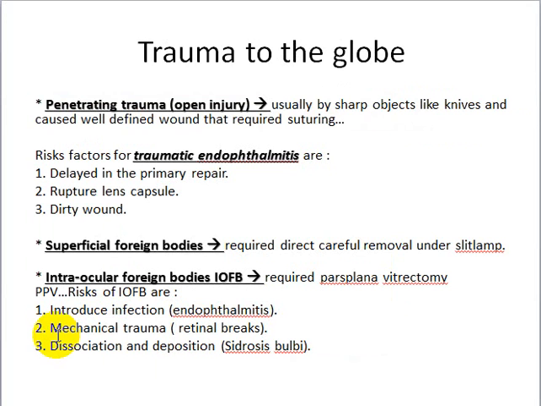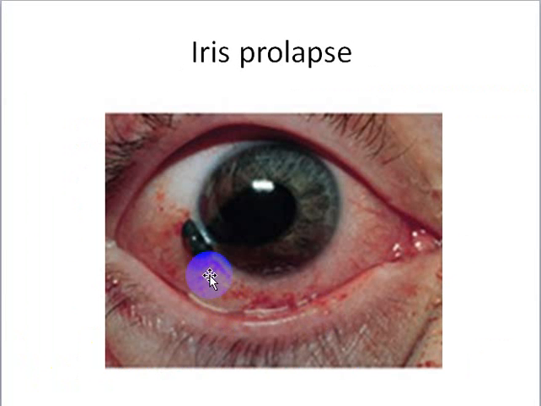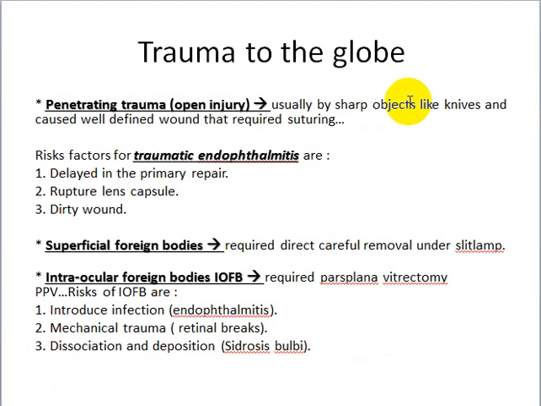The risks of intraocular foreign body inside the eye: it may introduce infection and cause endophthalmitis, mechanical trauma of the foreign body causing retinal breaks, dissociation and deposition of the foreign body inside the eye, and may result in phthisis bulbi. This picture shows iris prolapse due to penetrating ocular trauma, maybe by knife, which requires suturing.